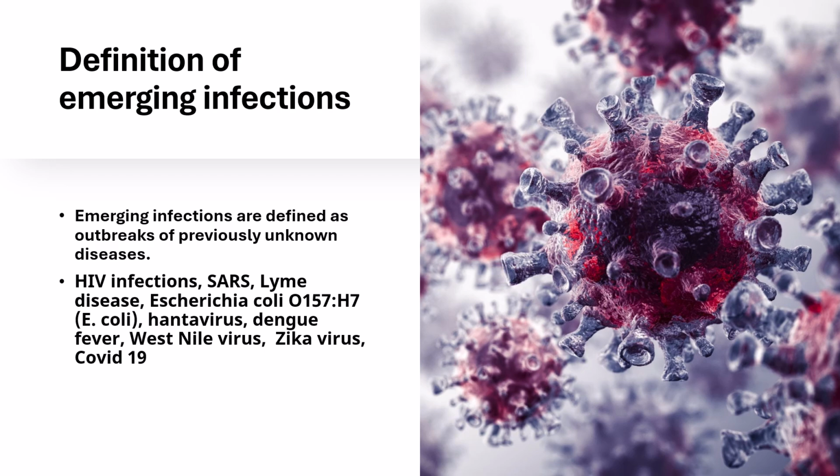Re-emergence of these diseases may happen because of a breakdown in public health measures for diseases that were once under control. They can also happen when new strains of known disease-causing organisms appear.